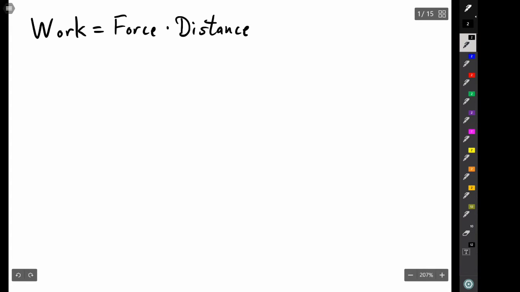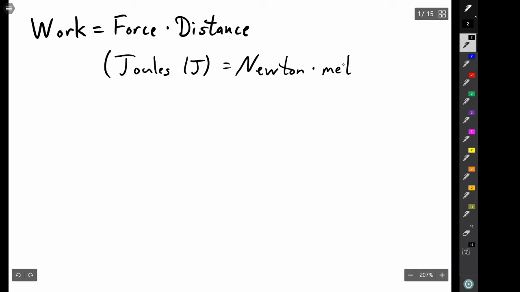So the units on work are joules, which is usually abbreviated with a J. And this is equal to Newton meters, Newton times meter. In the imperial system, you might know these as foot-pounds of torque.